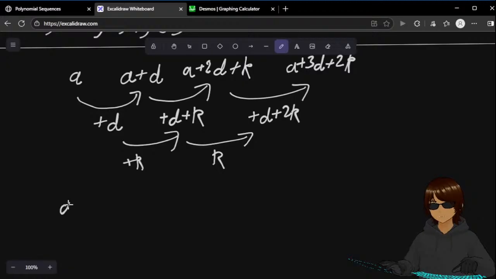So n is equal to 1, n is equal to 2, n is equal to 3. N is 1, n is 2, n is 3, n is 4. Okay, that makes sense.